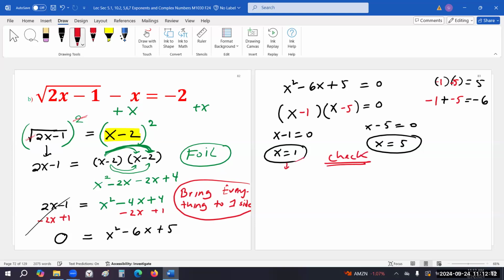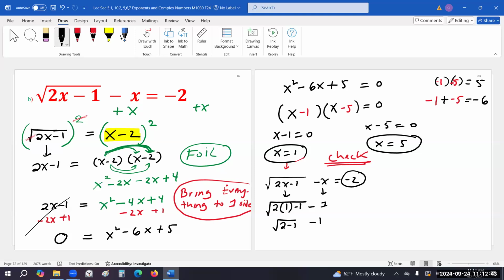First, check this one. And when you check, we take the original one. Our original equation is square root of 2x minus 1 minus x. The result has to be -2. So we found our x is 1. 2 times 1 minus 1, x is 1. 2 times 1 gives us 2 minus 1, square root of 1.